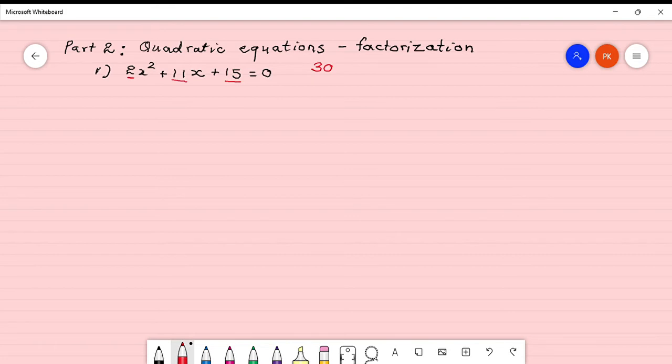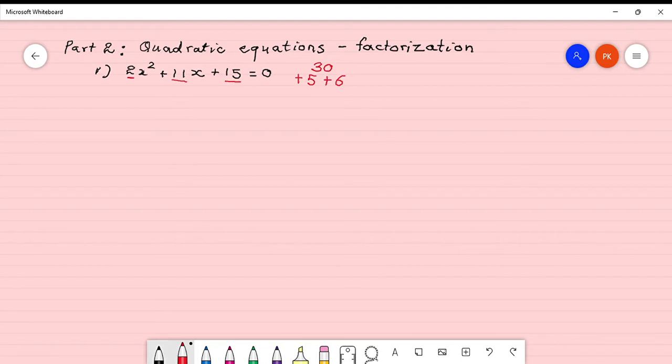That means I will find two numbers such that the product is 30 and the sum is 11. Which are such two numbers? 5 and 6. And since I want positive 11, how to give the sign? Positive 6 and positive 5.